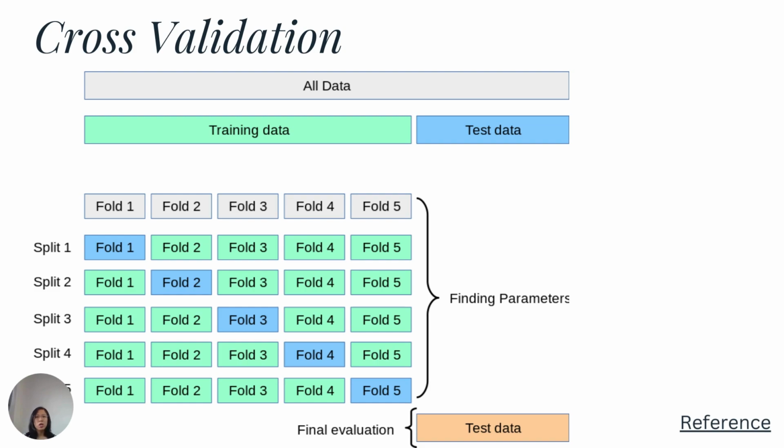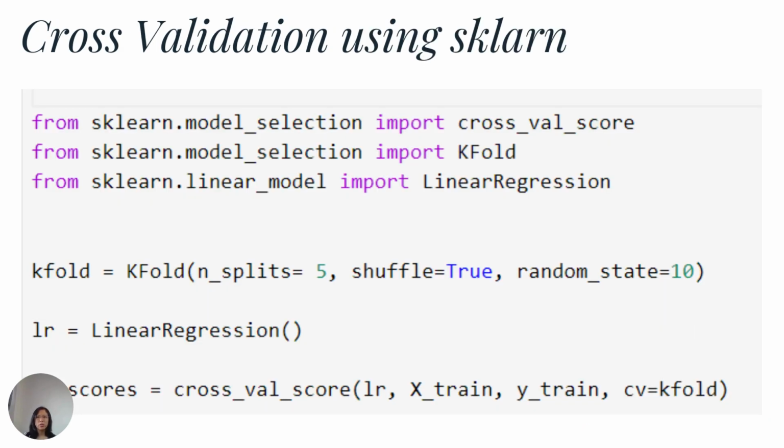Okay, so how do we do this cross validation in sklearn? Let's go and see it. First of all, we import cross_val_score from sklearn.model_selection, and then next we import KFold from the sklearn.model_selection package and LinearRegression as usual. KFold is to split the data into different folds, and n_splits defines the number of folds that you want.